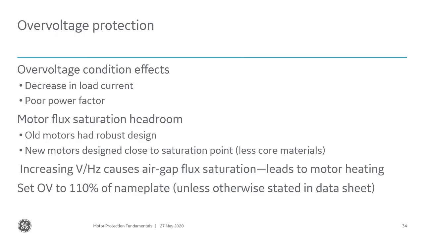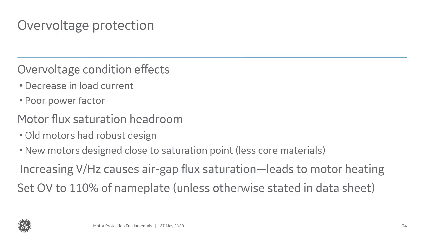But first of these we'll talk about is an overvoltage. Now, when we overvoltage any machine, we will also overexcite the machine. So if we overexcite the machine, excitation is given by volts per hertz.